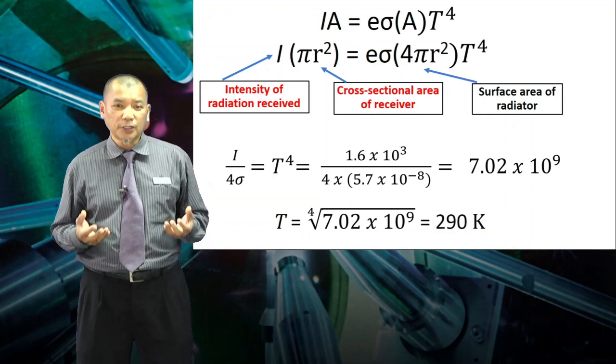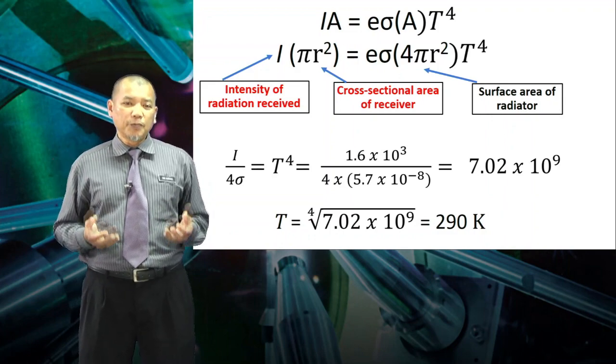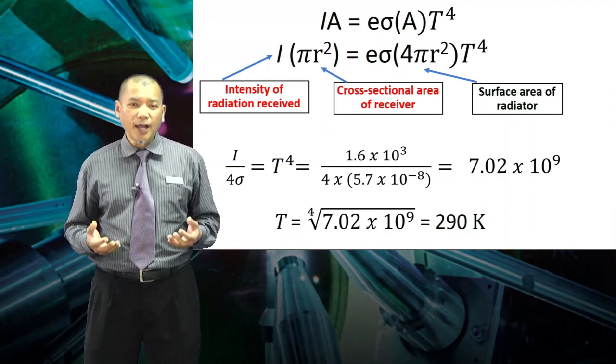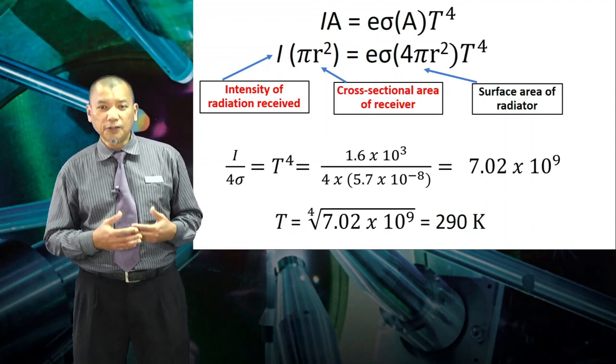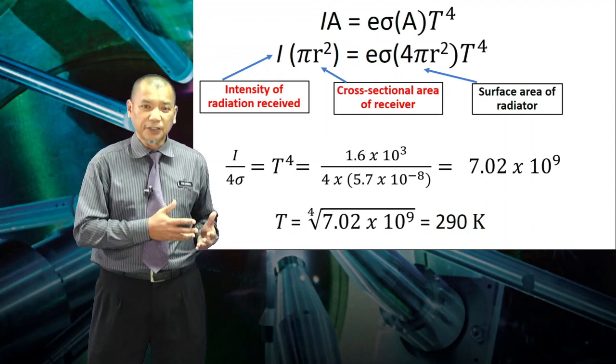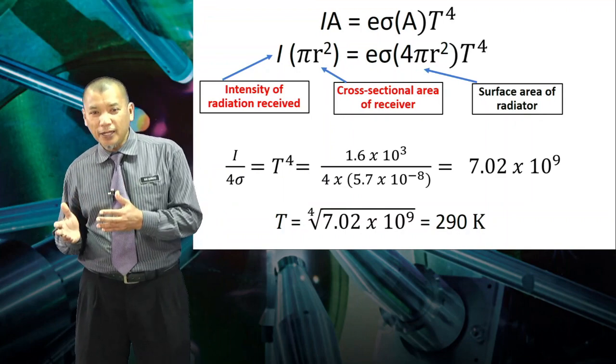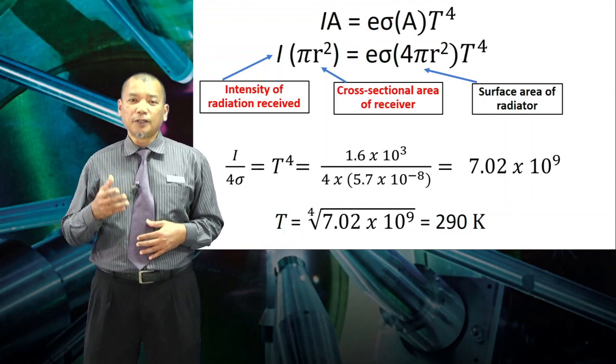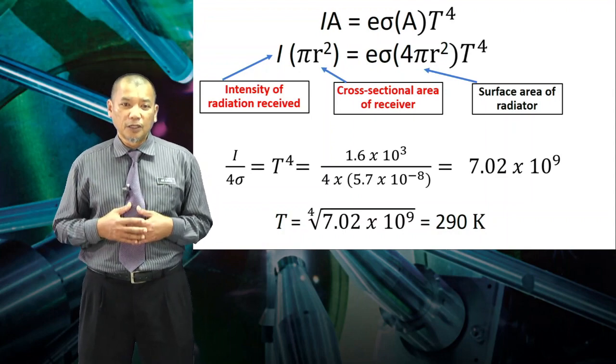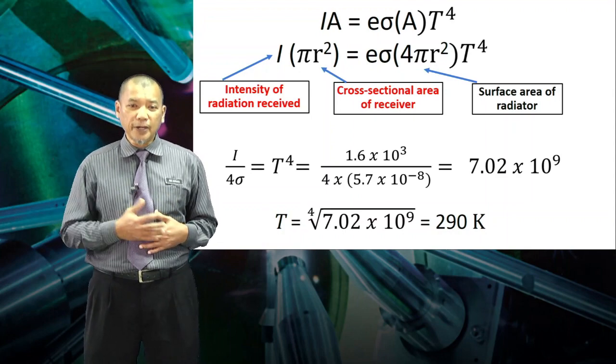So you can see the equation I write down. Be careful. Pi r squared represents the cross-sectional area of the receiver, and 4 pi r squared represents the surface area of the radiator. Small r represents the same radius.